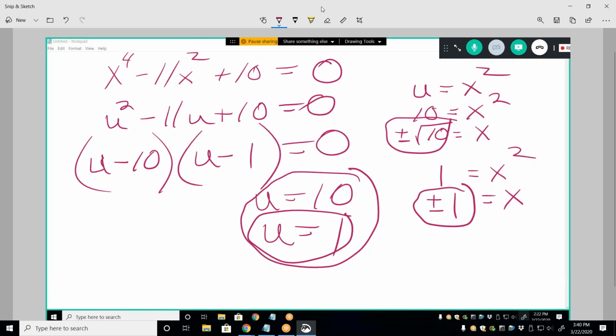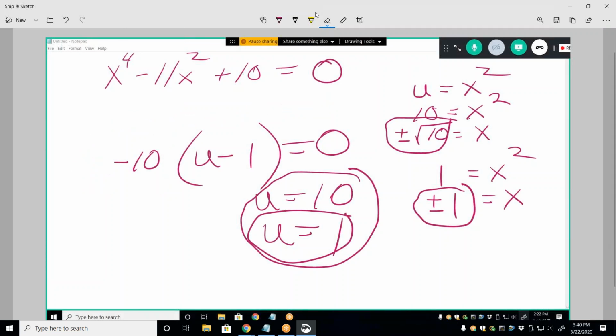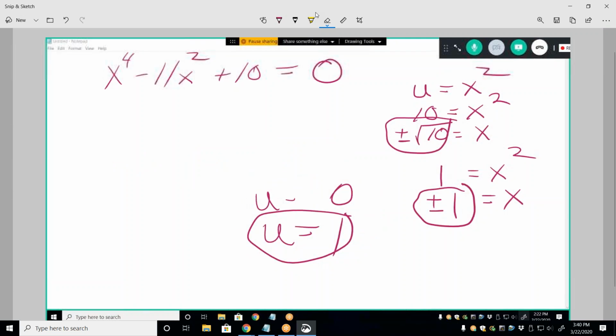Now, let me just suggest something. This may not be your cup of tea the way I did it over here, so let me show you another way. You don't have to use U-Substitution, but you do have to recognize that you're looking at a quadratic.